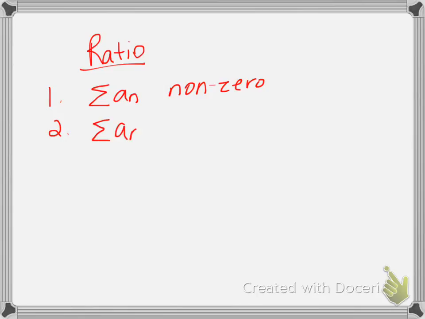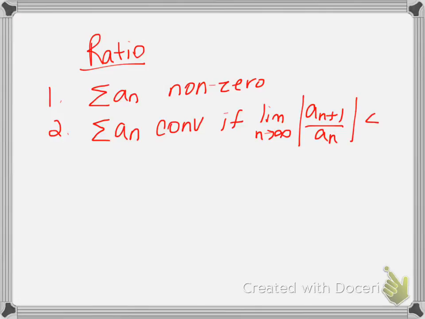And a_n converges if, when you find the limit as n approaches infinity of the absolute value of the next term divided by the previous term, the result is less than 1. So if you get something less than 1 when you do this, it converges.